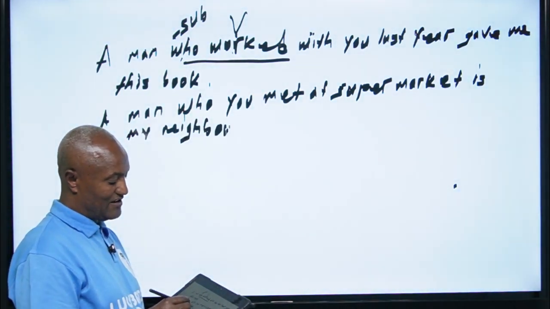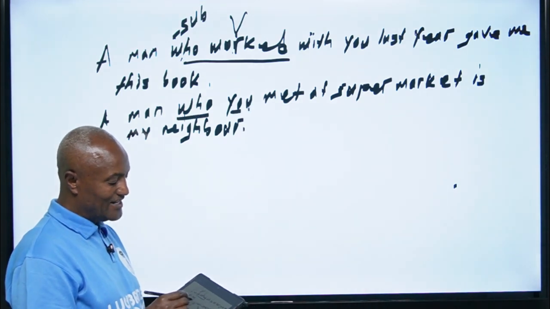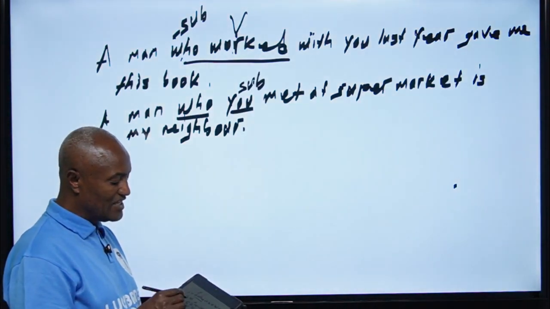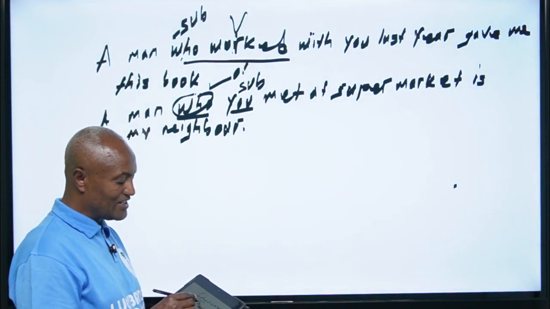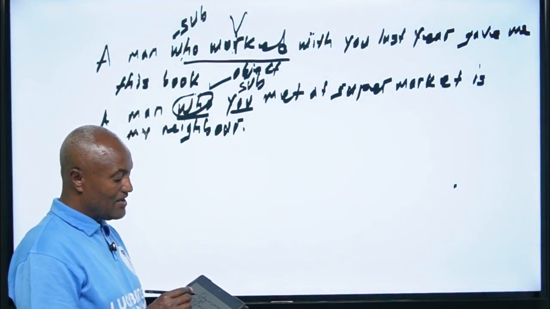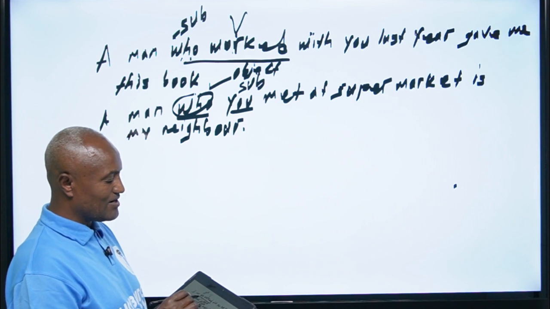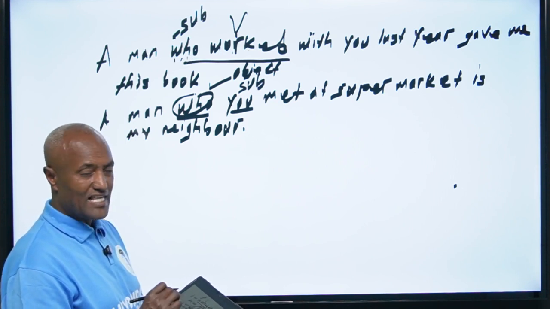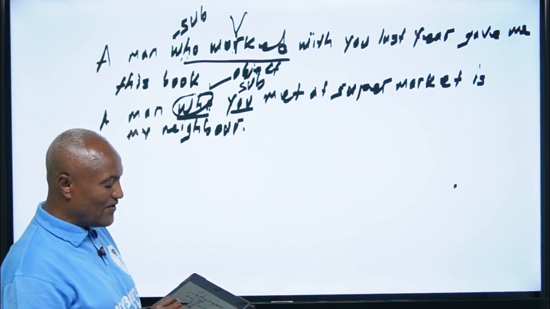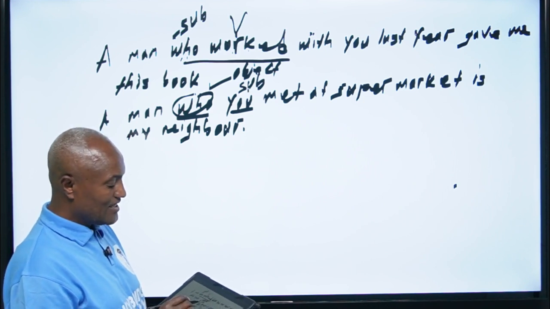This is to make it very clear for you. Look here. Who here is followed by a subject. When there is a subject, this who serves as an object. It's very simple. When who or another relative pronoun is followed immediately by a verb, that is a subject. When it is followed immediately by a subject, that is an object.